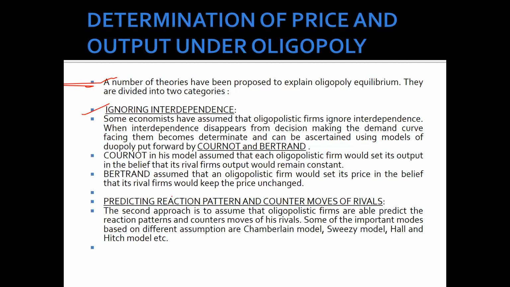Some economists have assumed that oligopolist firms ignore the interdependence. When interdependence disappears from the decision making, the demand curve facing them becomes determinate and can be ascertained using the models of duopoly given by Cournot and Bertrand. The Cournot model assumes that each oligopolist firm would set its output in the belief that its rival firm's output would remain constant.